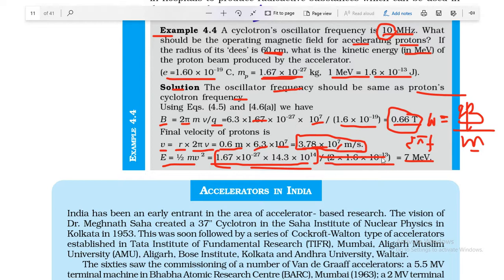If you want to find the value in million electron volt, you should divide this result by 2 into 1.6 into 10 to the power minus 13. This 2 is from the half, 1 by 2. So I hope you understand this question.